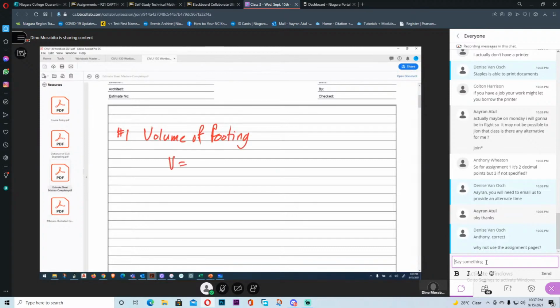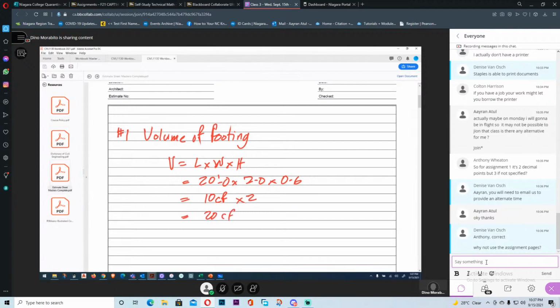And you could say volume equals length times width times height, and that could be the 20 feet by, what did I say, 2 feet by 6 inches. You can do your calculation here and say that that is 10 cubic feet, and there's 2 footings.